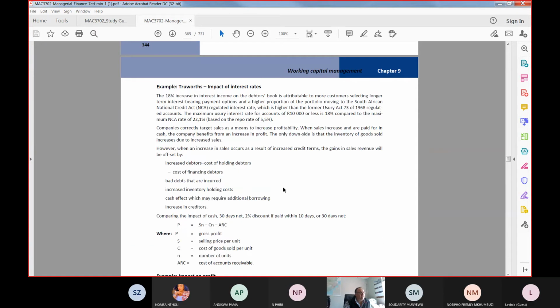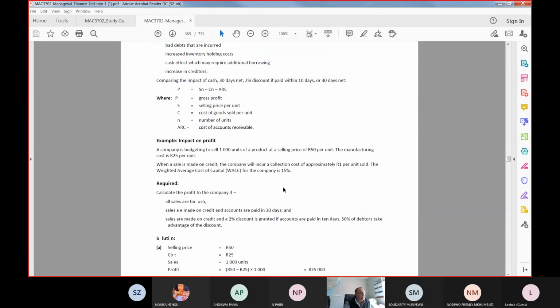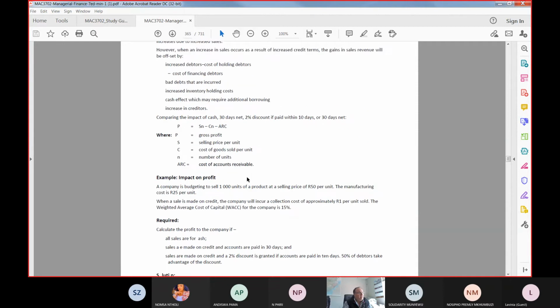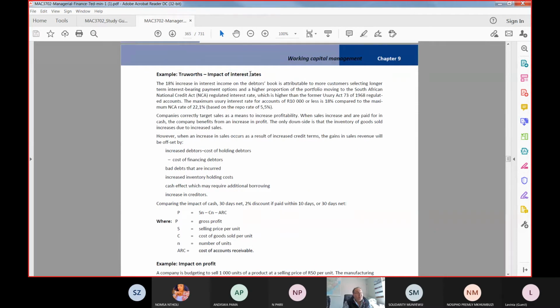And you will see that, I think, in the next question, if I'm not mistaken. Yeah, it's actually this one. Is it the impact on interest rates?